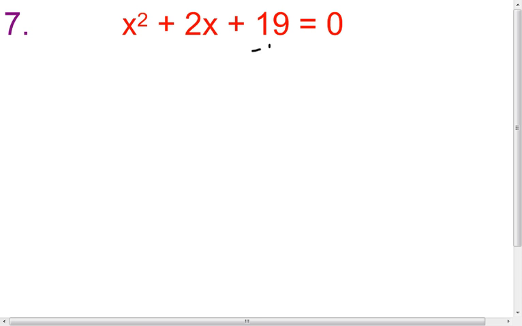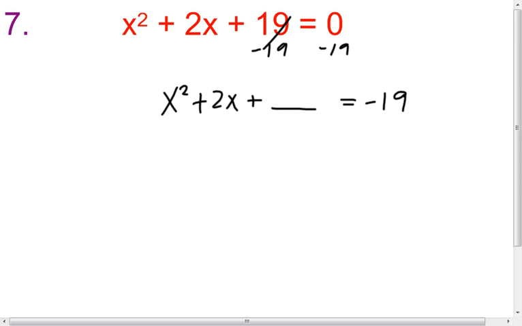So I subtract 19, and I'll have x squared plus 2x plus my blank equals negative 19, and then plus my blank. Okay, so I need to take half of 2, so half of 2 is 1. Square that number. 1 squared is 1.